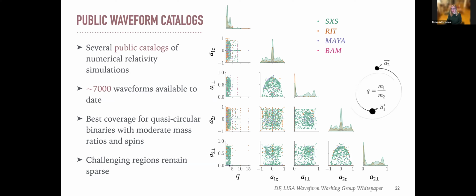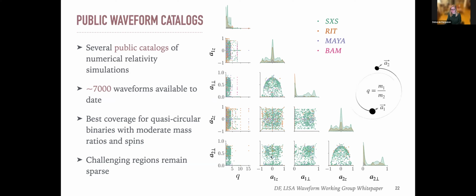And what you'll notice is above mass ratio 4, there's kind of a wall and the simulations drop off. There are some more out there for sure, and that is improving and increasing, but there's still not a lot. And what you also notice is while there are some for the aligned spin cases, there are very, very few for the precessing spins out at these mass ratios. And so that's an area where we have a large gap.